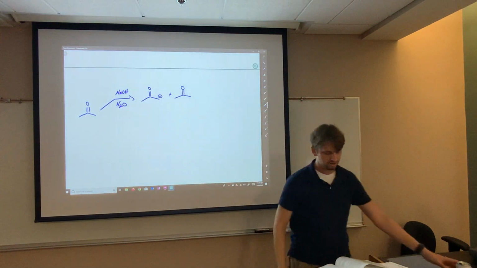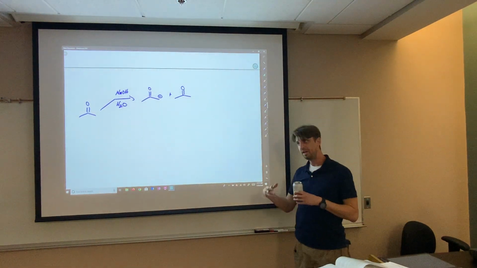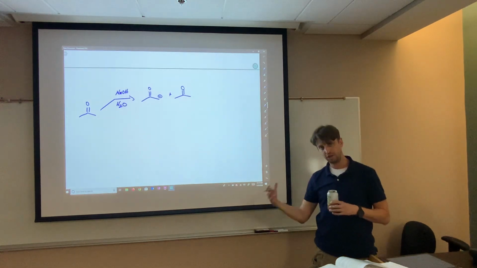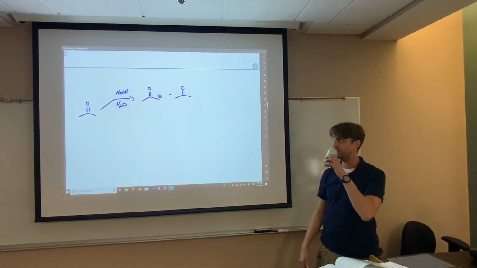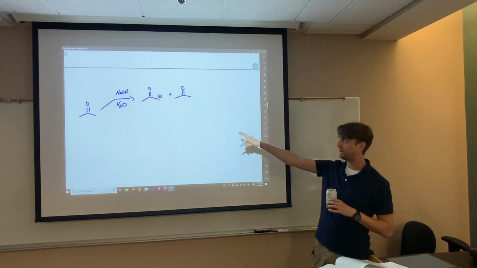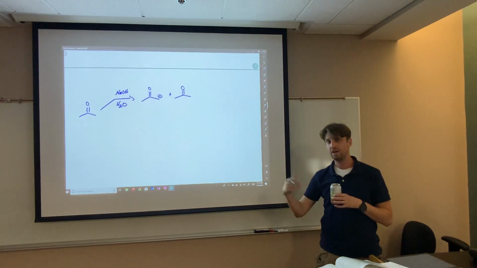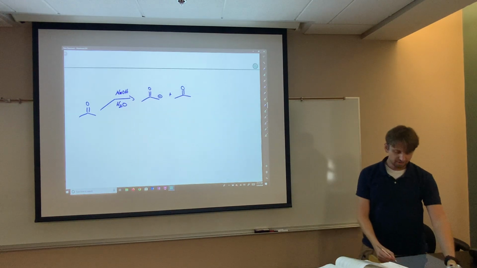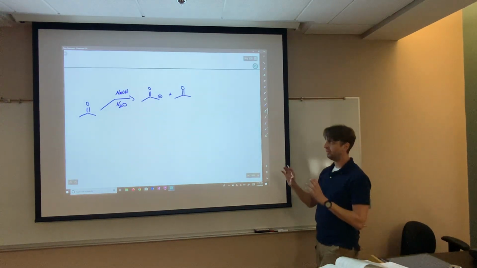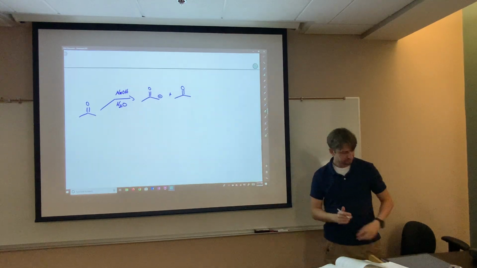So we'll just have a little bit of both. The exact amount and the percentages is going to change depending on some stuff, but the point being, we will have both of those present. Now that might be useful. In fact, we're going to come back and use this to our advantage in a little bit. So I don't want to give the impression that this is necessarily something negative.